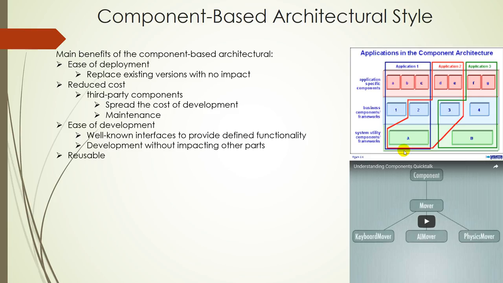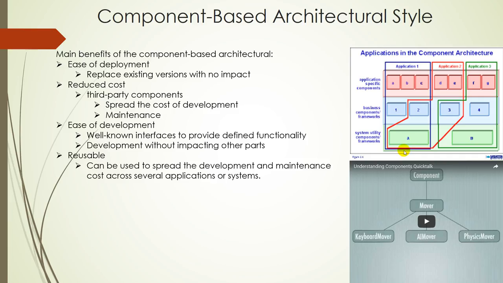The next one is reusable. The use of reusable components means that they can be used to spread the development and maintenance costs across several applications or systems. The next one is mitigation of technical complexity.